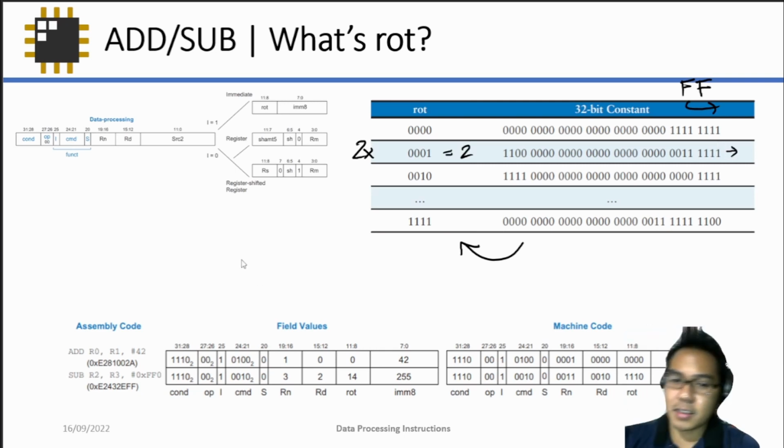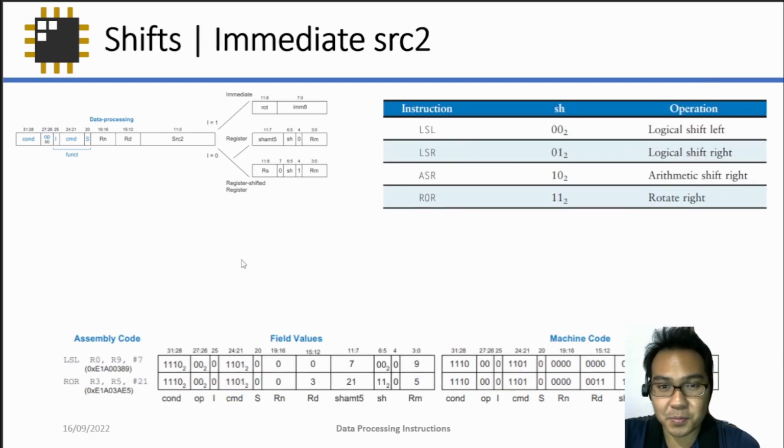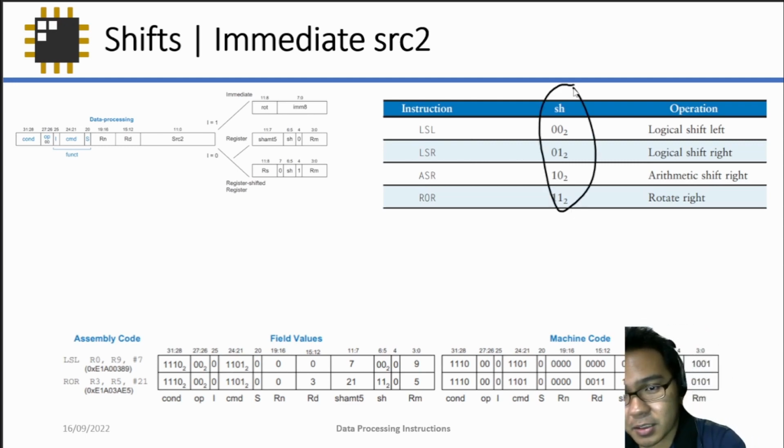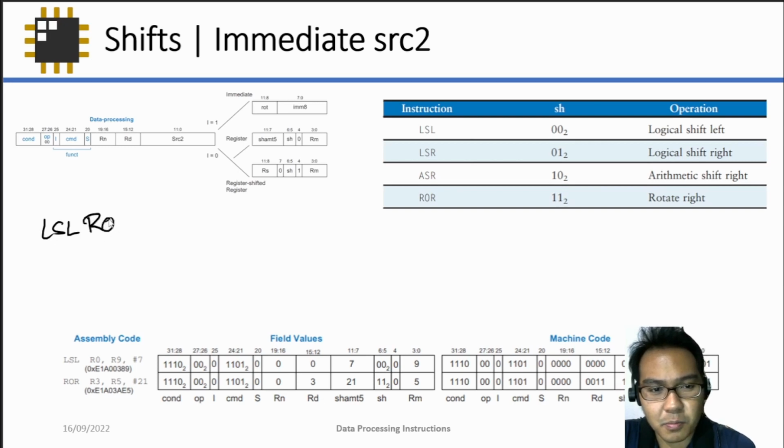So that's basically that. Everything I said in the previous slide is what this table is trying to show you. Okay, shifts. This is the table that pertains to what shift does. You can just look at that for now while I start drawing the left shift logical instruction.